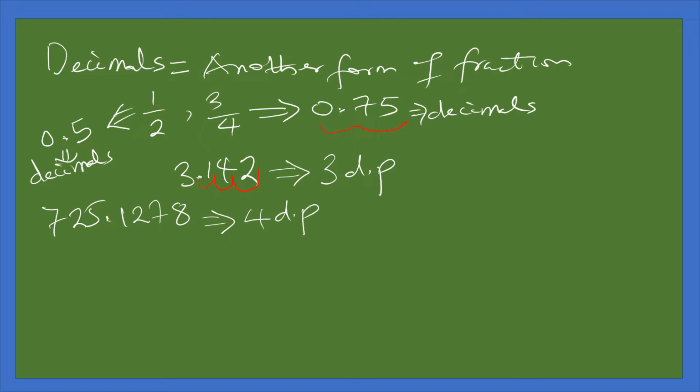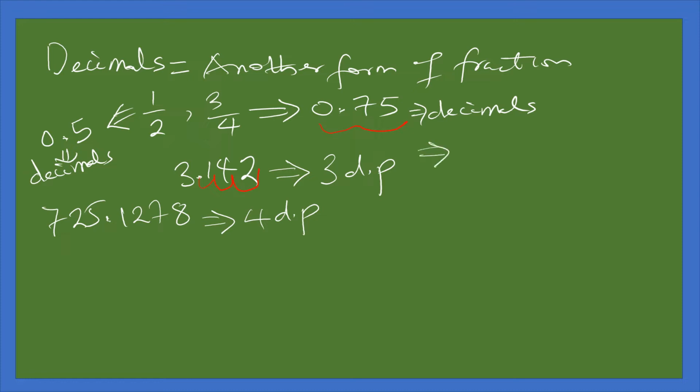Now, this topic is very, very vital in your O-level mathematics because you come across it in almost all the topics. Most times they'll ask you, leave your answers to 2 decimal places or to 1 decimal place. So that's why this topic is important.